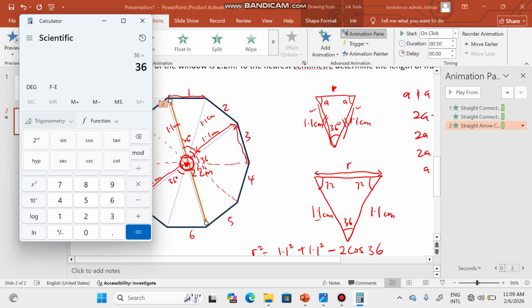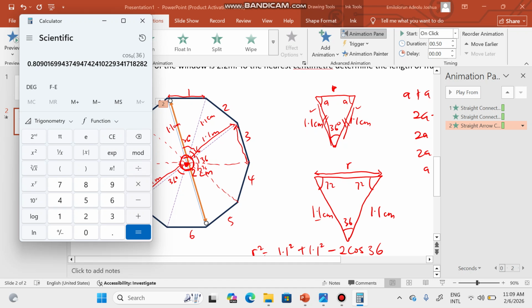No, it's not actually. Sorry, I think that's an error. I think here I'm having it to be 0.809. So that is cos 36.